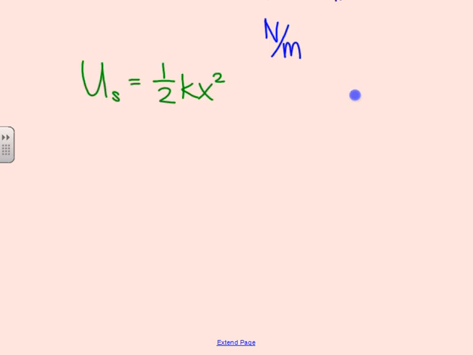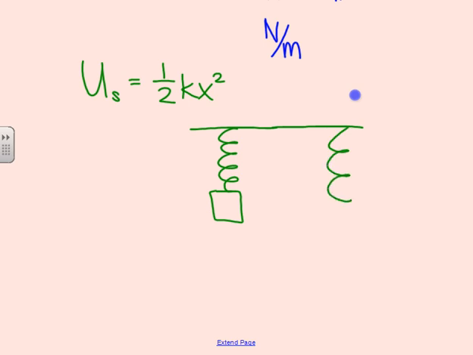So if we were to have an object hung from a spring, and it naturally hangs there, and then we were to stretch that object so that the spring is nice and stretched out, x in this energy equation would be the difference between this level and that level. So this right here would be x. It's a little bit different of an x than what you see in Hooke's law.